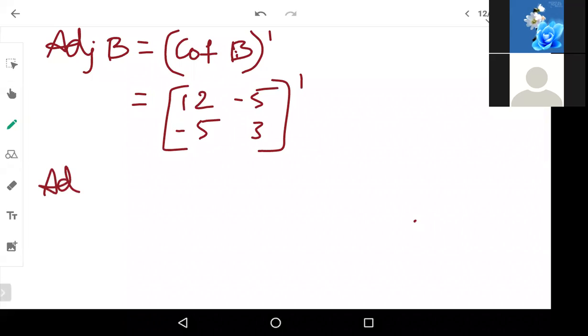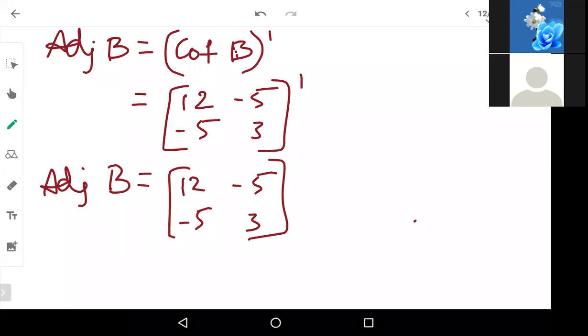So adjoint B will be, the first row will become the first column: 12, -5. Second row will become the second column: -5 and 3. So here the matrix will remain almost the same, because the -5 and -5 in this diagonal are the same along with the sign. So that is why the matrix remains same.